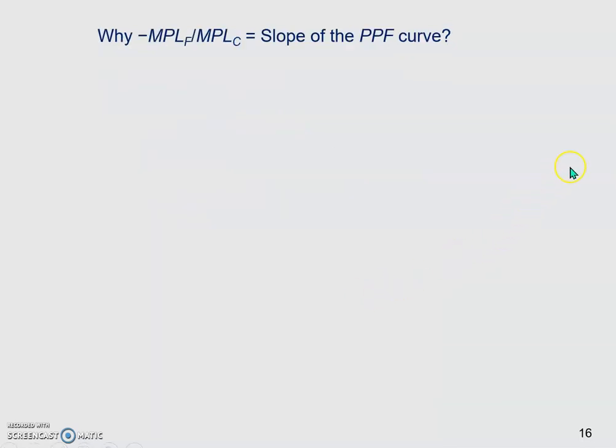Now here, let's take a step further and explain why this minus the relative marginal product of labor between food and cloth is just the slope of the PPF curve, okay? I believe in your intro or intermediate micro class, you should already have learned this.